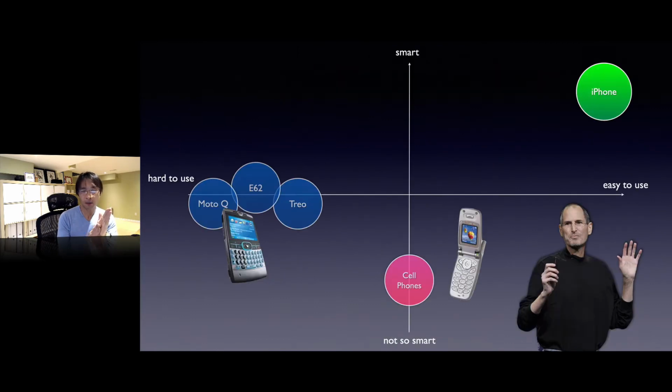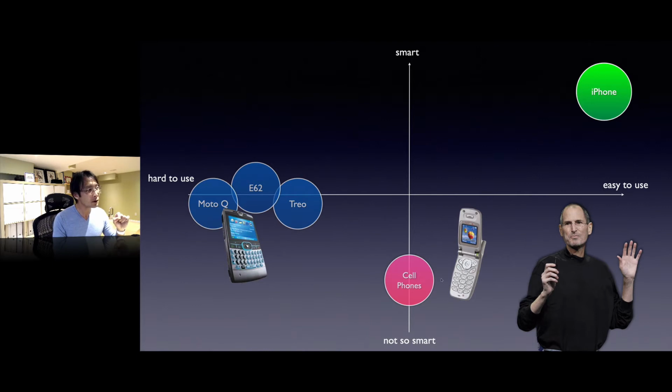Now, here's an example. I don't know if you remember, here's Steve Jobs' presentation when he launched the iPhone, back in 2007. He started with why, because back then there were lots of smartphones out there, but they were hard to use.